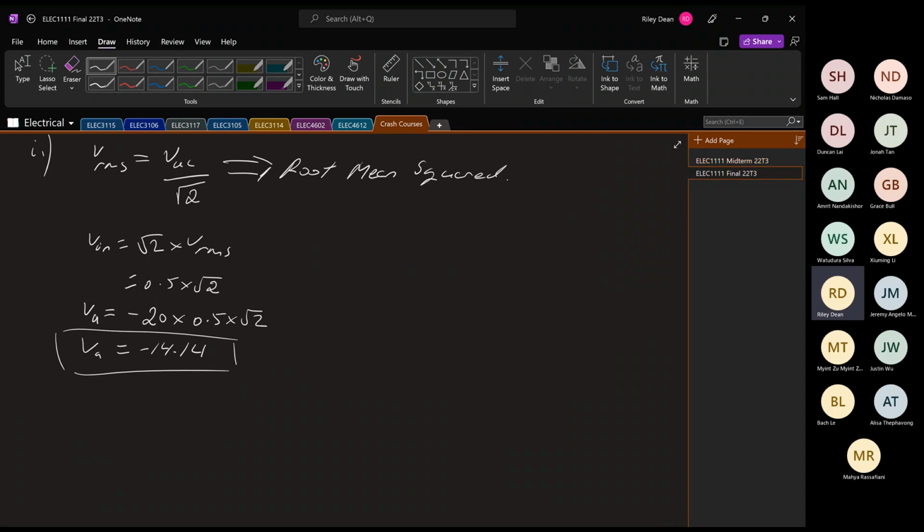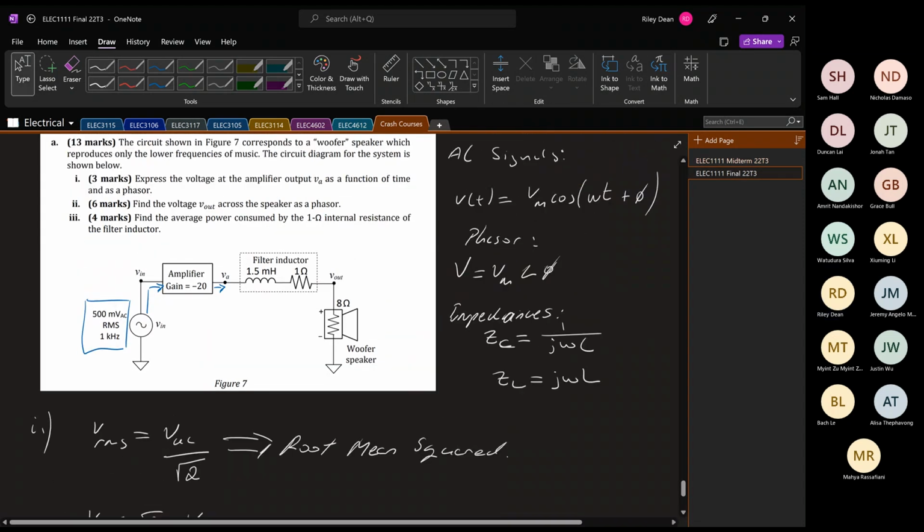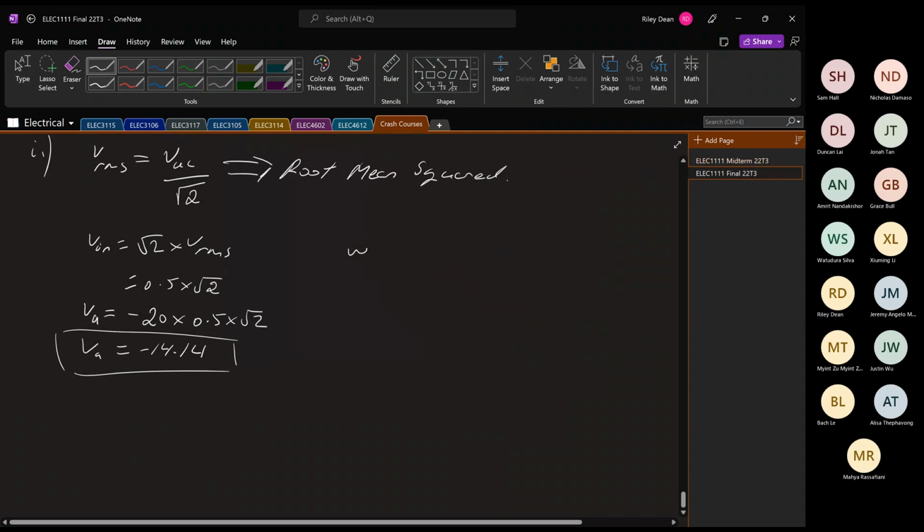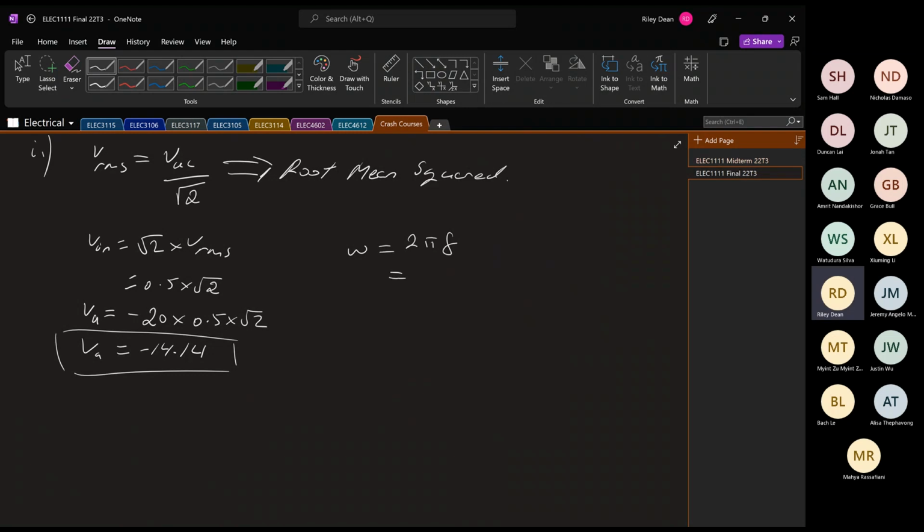Next, we need to find omega. We know that omega is 2 pi f. In this case, f is 1,000.